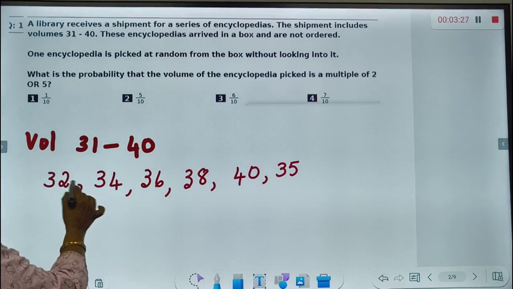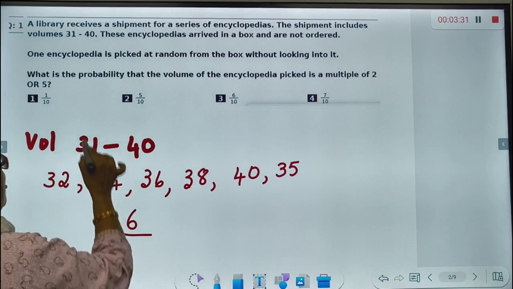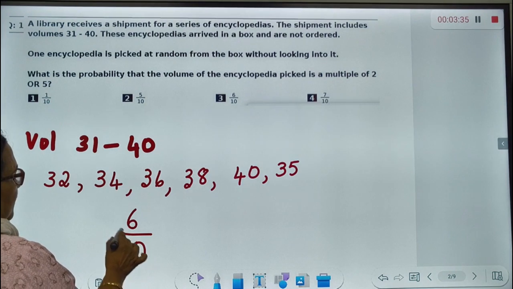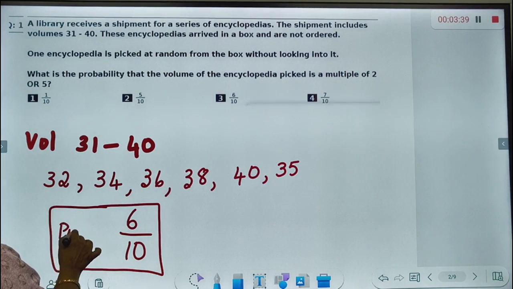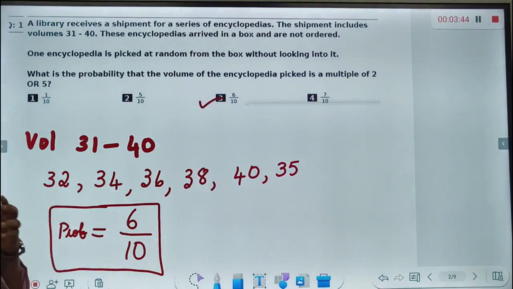So how many elements are there? 6. So 6 out of how many encyclopedias are there between 31 to 40? 10. So the required probability is 6 by 10. So this is the correct answer, which is a multiple of 2 or 5.